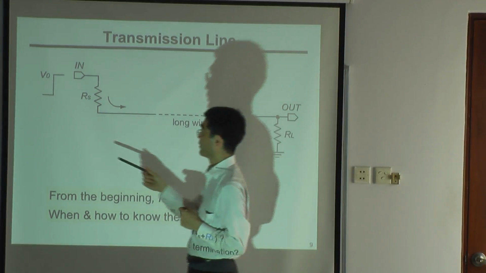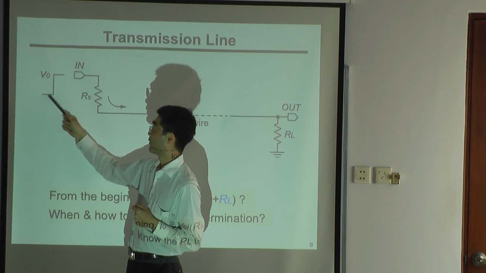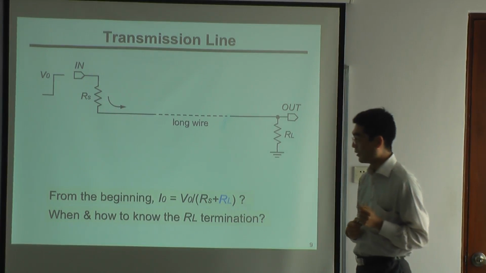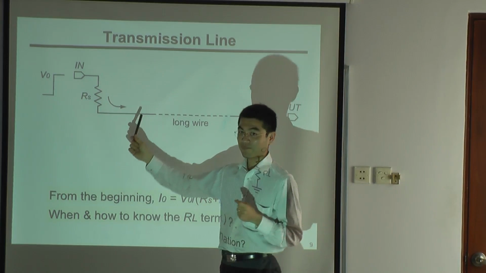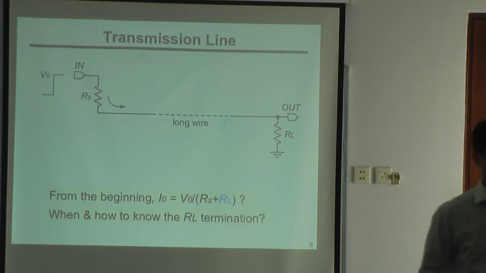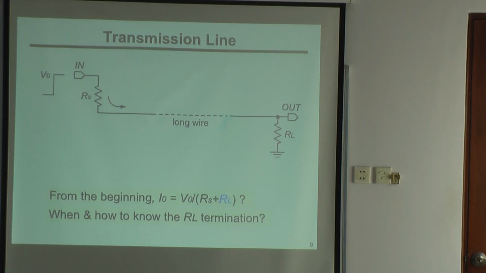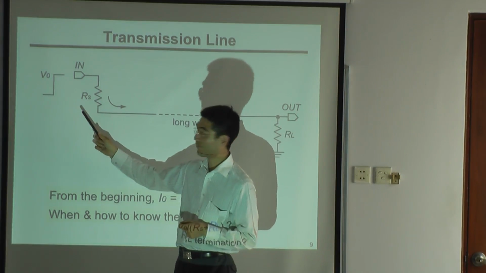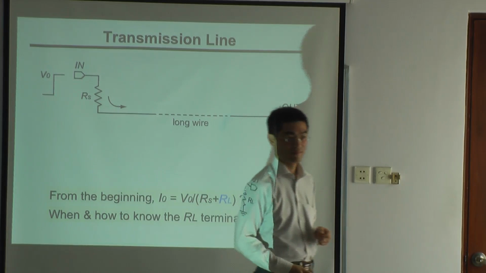And let's say we have V0, this kind of voltage applied on the input. So in this case, how much current flows? We have RL here, RS here, and V0 here.